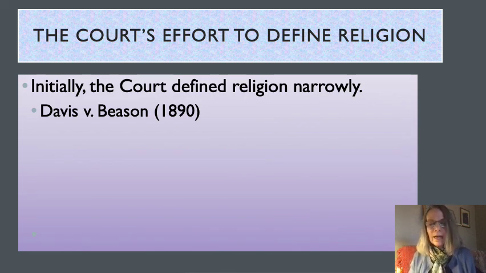But people look down on Mormons. People also look down on polygamy. And so in order to vote, you actually had to make an oath saying that you were not a practicing polygamist. And that's what Samuel Davis did. He really wanted to vote. He was a practicing polygamist, so he lied and made the oath and said, "No, I don't practice polygamy." And then he got in trouble for doing that.